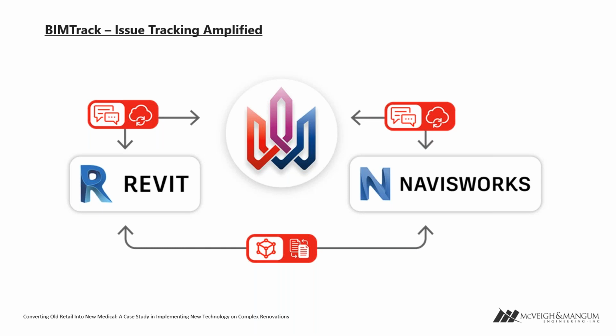Yeah. So the reason I showed that is, going into issue tracking, creating those clashes and doing coordination, BIMTrack starts creating this workflow where you can do the coordination inside of Navisworks. You can publish it, see it in Revit, fix it, and start doing this circular model where you actually start fixing things correctly.